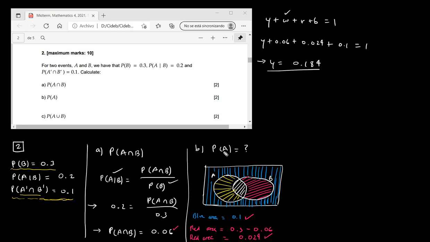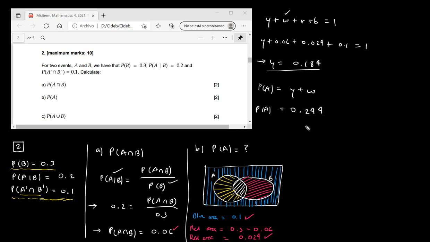The probability of A is the sum of the yellow one plus the white one. So here it goes. The probability of A is the yellow area plus the white area in order to make the full circle, and therefore I'm going to get 0.244. I'm going to check this result in a moment because I want to see if it checks with the previous answers that I gave you.